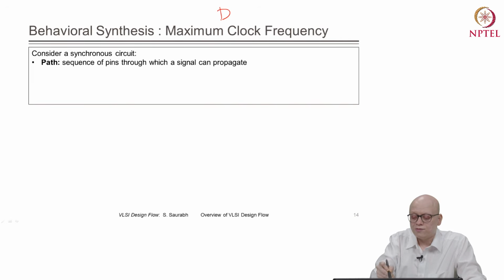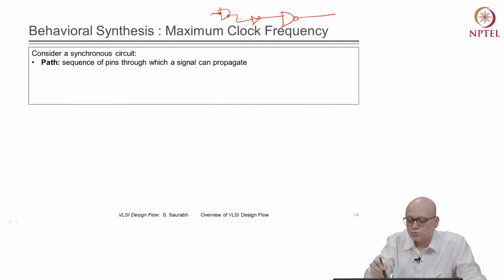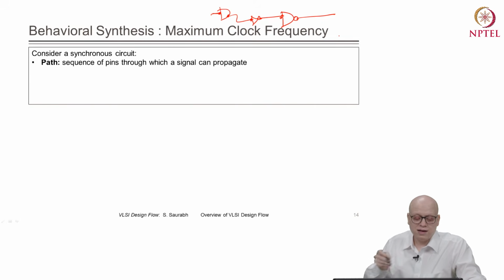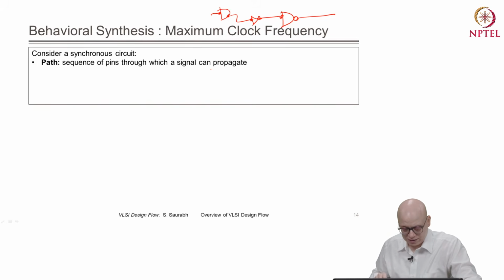For example, if you have an AND gate, then an inverter, then a NAND gate, and so on, the sequence of pins will be 1, 2, 3, 4, 5, 6. So this sequence of pins forms a path, a sequence of pins through which a signal can propagate, in a combinational circuit.